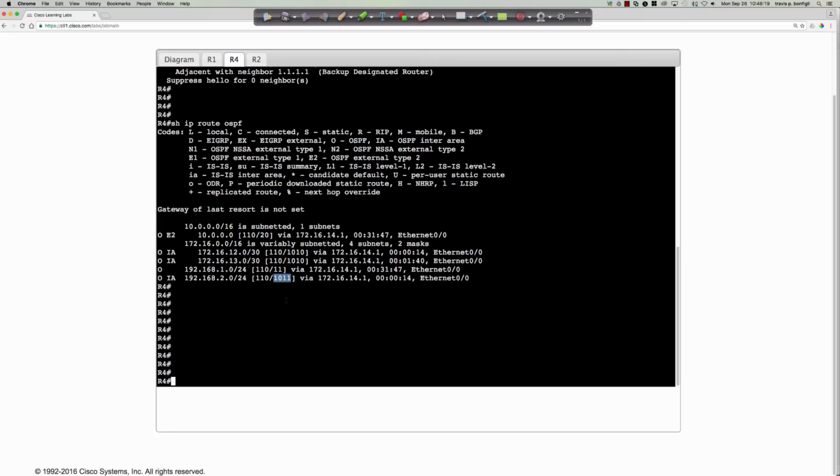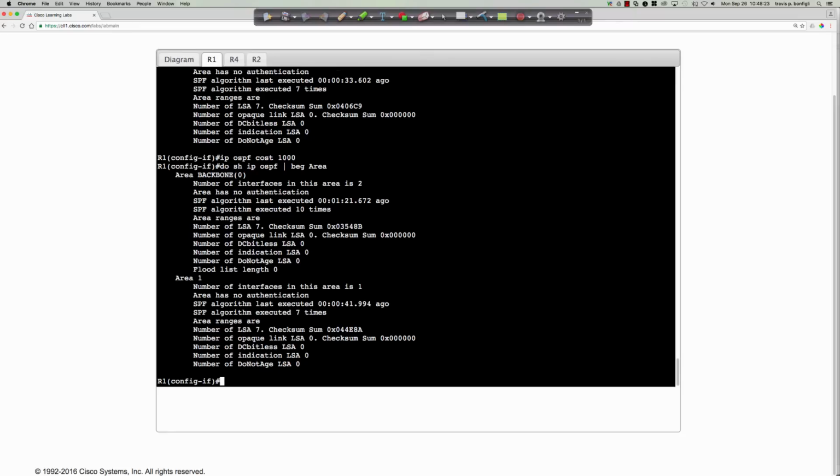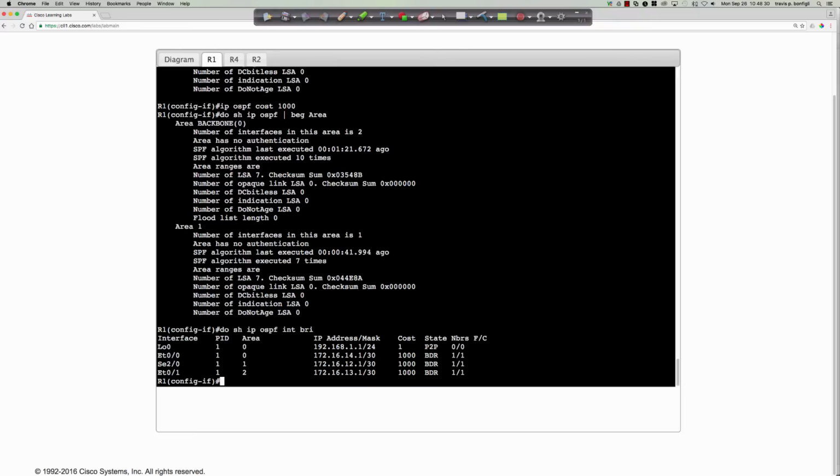Now, another way to take a look at the cost, and we've been looking at show IP OSPF interface, is you can still say do show IP OSPF interface brief. And you can see what the cost is currently set to.